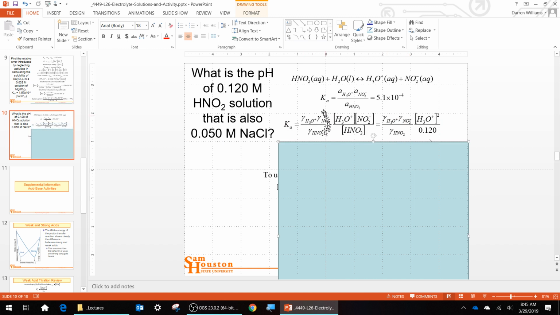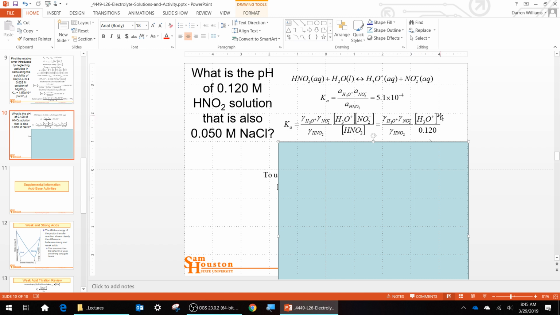We have the gammas in front and the concentrations in back, and we've got an equation with a whole bunch of unknowns in it, but we can look up all those gammas. For every hydronium ion, we get a nitrite ion. So those are equal to each other. So it's essentially the H3O plus squared.